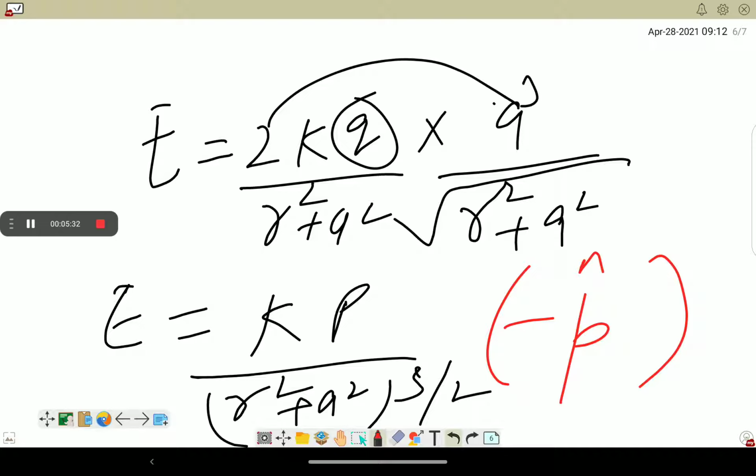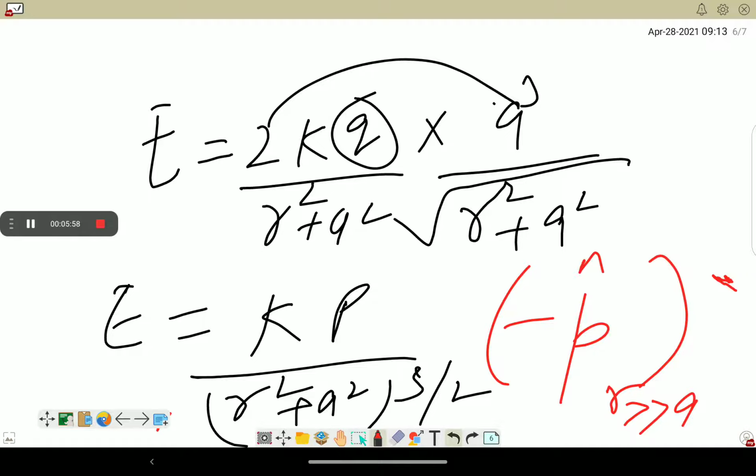Now for a far off point, what will happen? r is greater than a, so you will neglect a, and it will come r cube.